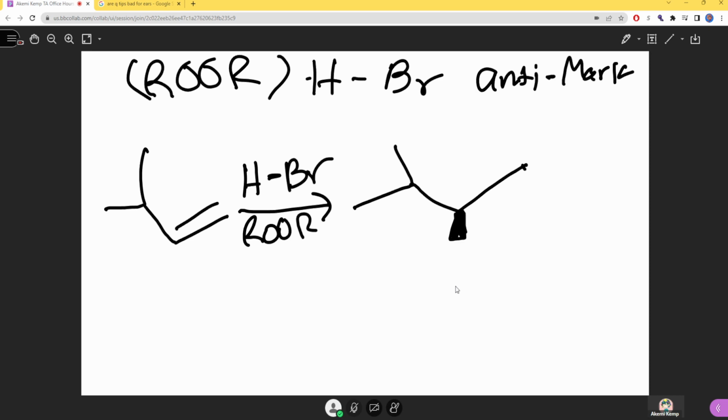Anti-Markovnikov. So rearrangement, yes, but then hydrogen was added here after the HBr breaking, and bromine was added. What's up?